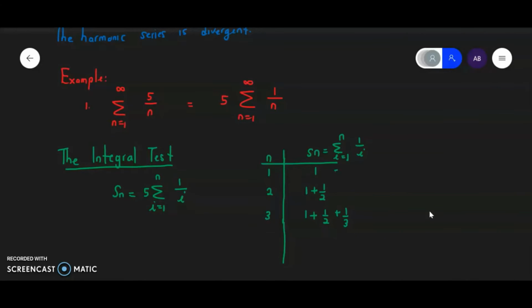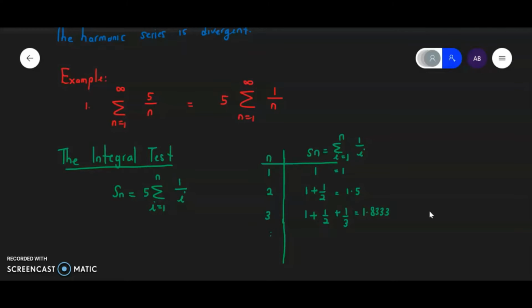Now let's say this is 1. This is 1.5. What is 1.5 plus 1/3? I gotta find my calculator and do it quickly. So 1.5 plus 1/3 will give me 1.8333 and so on.